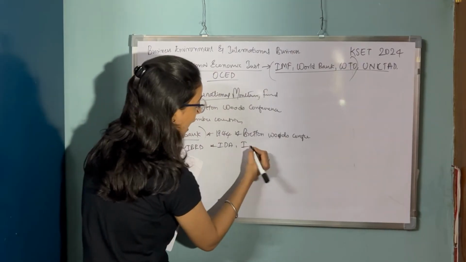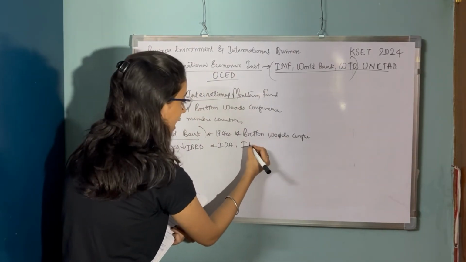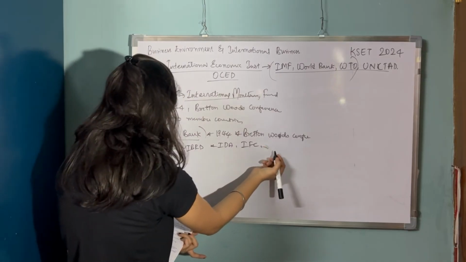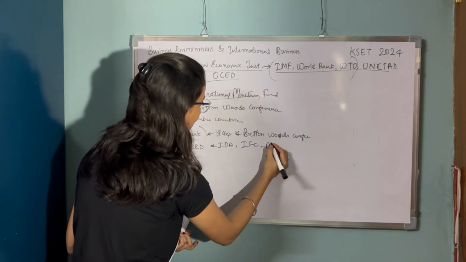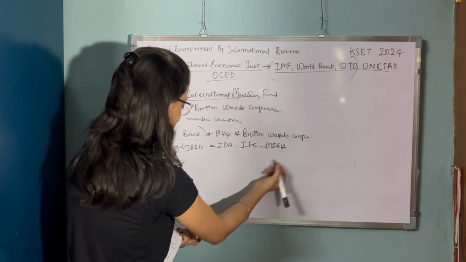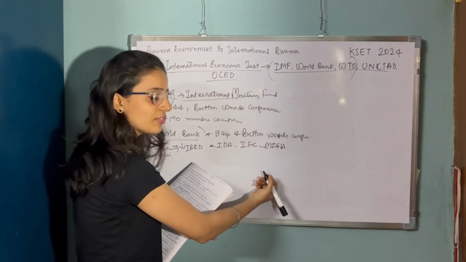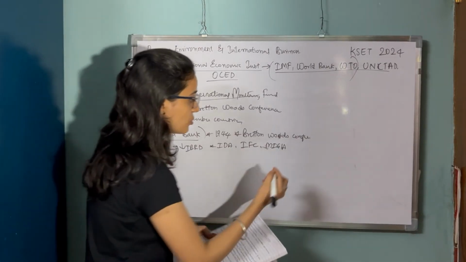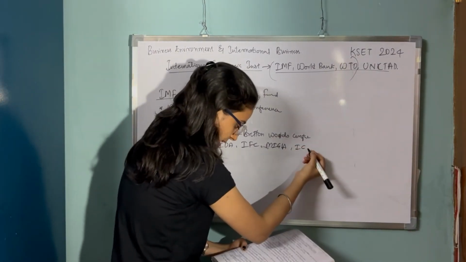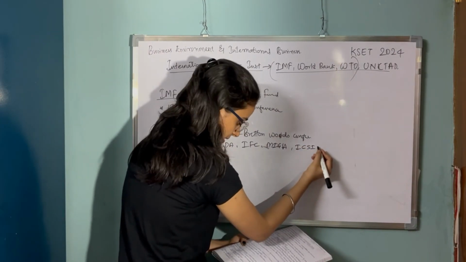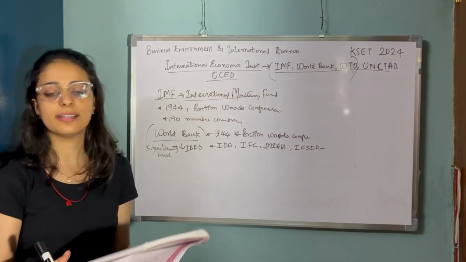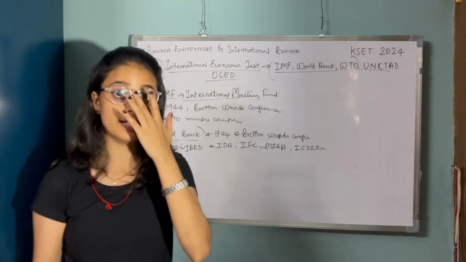Next is IFC, International Finance Corporation, right? Next is MIGA, which stands for Multilateral Investment Guarantee Agency. And the last one is ICSID, which is International Centre for Settlement of Investment Disputes.